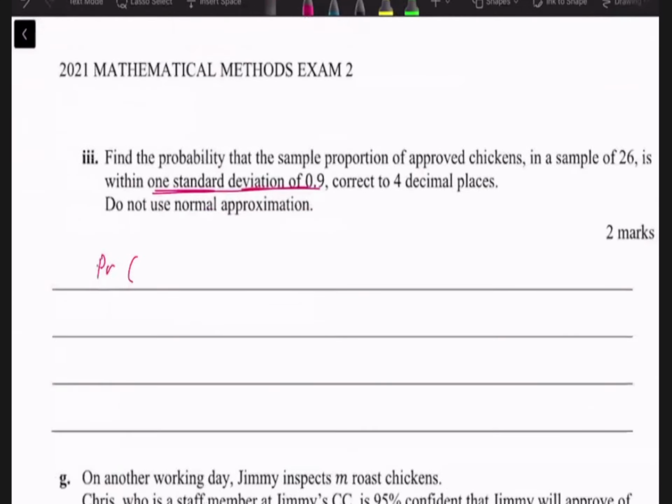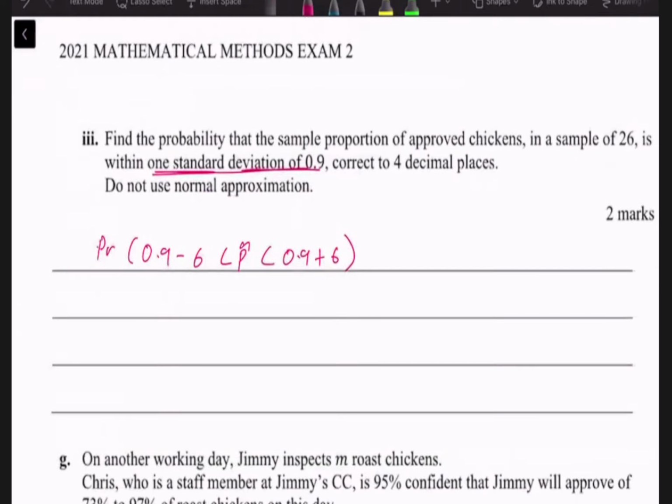So we're doing 0.9 minus 1 standard deviation, sample proportion, and then 0.9 plus 1 standard deviation. Sorry, my standard deviations kind of look like a 6, but it's not a 6. And you get 0.8488-ish. I'll just leave it at 0.84.